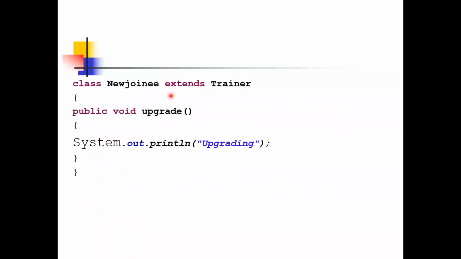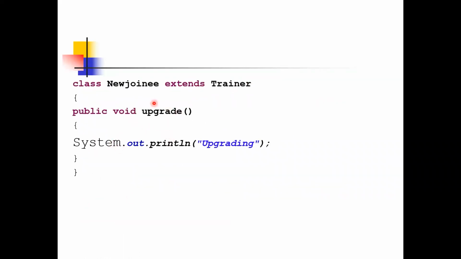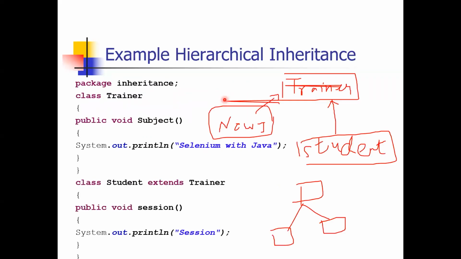In the new joinee class, what will it try to search? Subject. It will not find it; only the method upgrade is there. So since new joinee extends trainer, it will jump to the trainer class. In the trainer class the method subject is found, so it will print Selenium with Java.